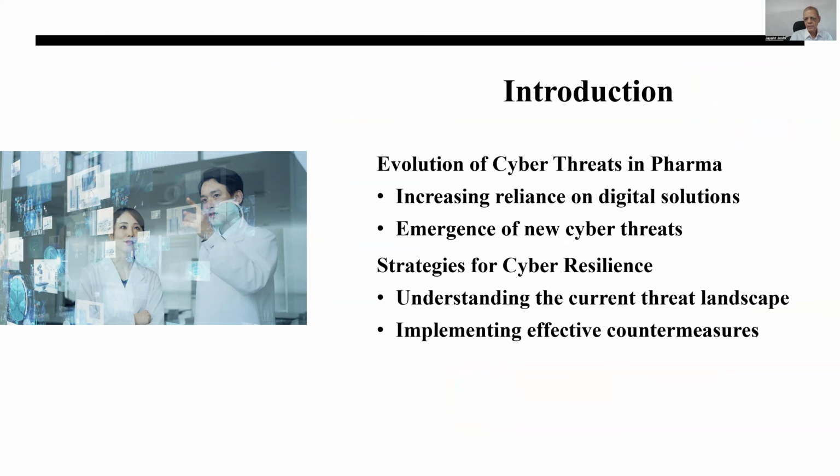Because we are depending upon digital solutions, there is more emergence of new cyber threats. We have to have strategies for cyber resilience. We have to understand the threat landscape, and implement how we will effectively counter those attacks.